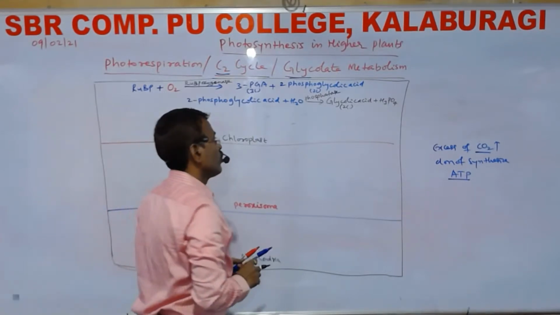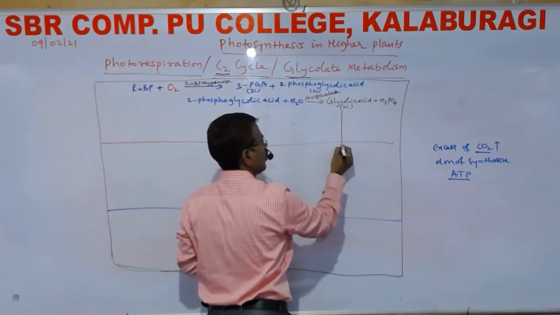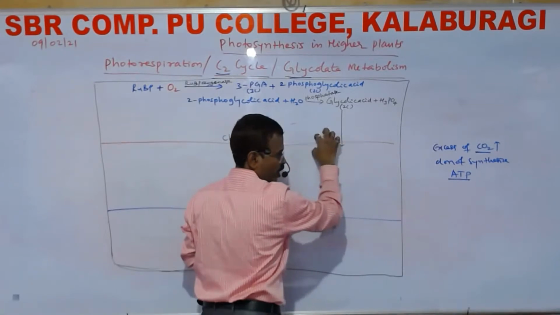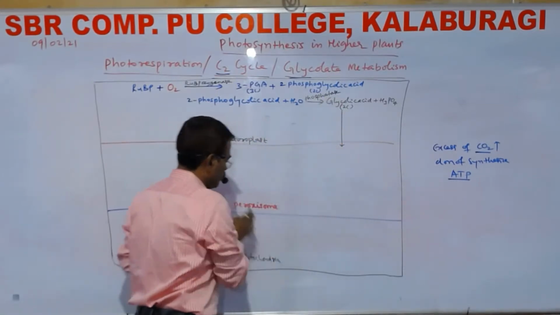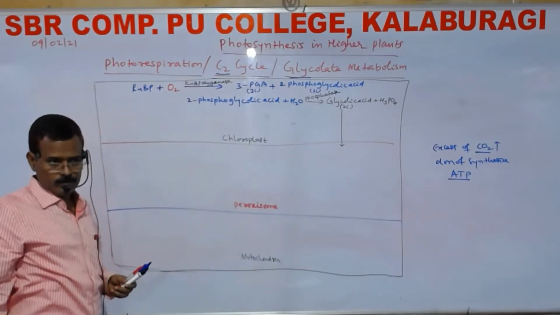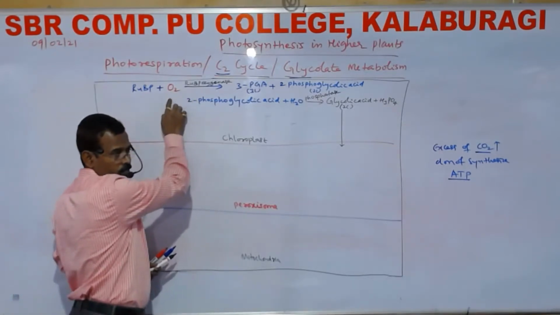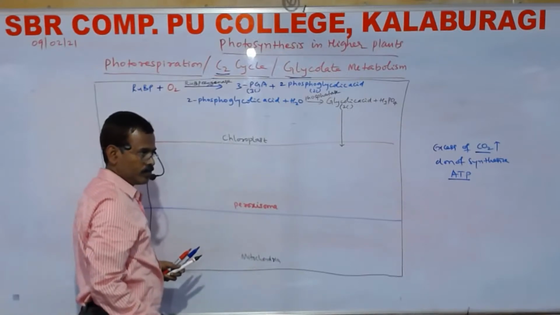So this glycolic acid is transported through a specific membrane transport protein into the peroxisome, where one time oxidation has taken place. This is oxidation. Where it has taken place: in the chloroplast.